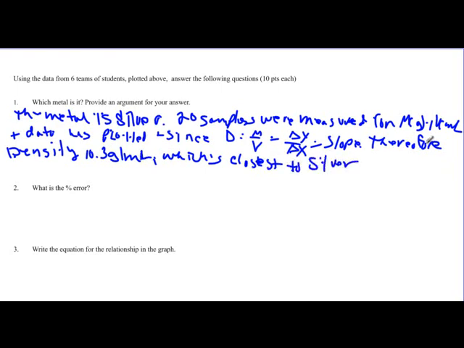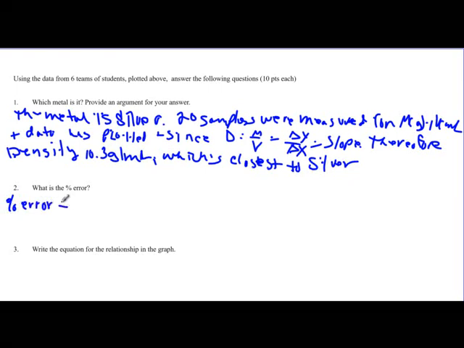Okay, now it asks for the percent error. So it's always good to show the formula. So the percent error equals my actual minus my accepted, always over the accepted, times 100. Now this is the absolute value.